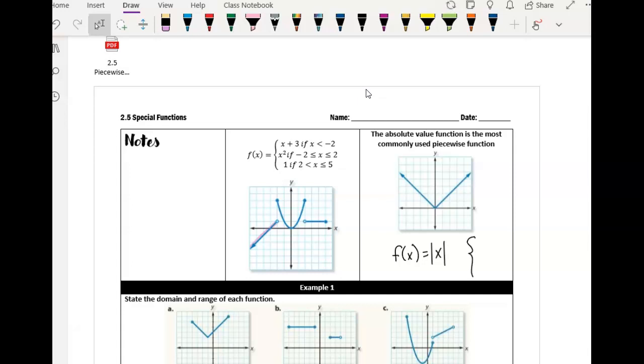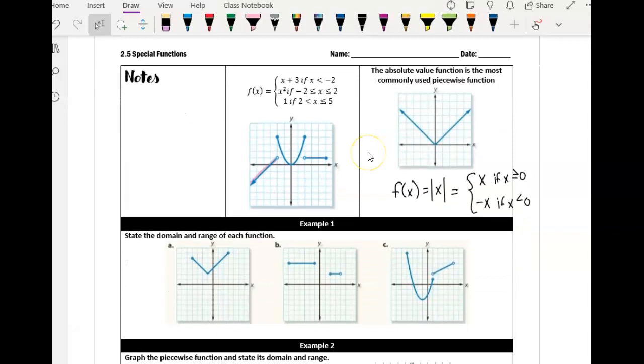Well, here's what it really is equal to. f of x is really equal to x if x is greater than or equal to 0. So, right, what's the absolute value of 3? It's 3, okay? But if you plug in a negative x, then we're going to put in the negative of that value, for when x is less than 0. Okay, all right.